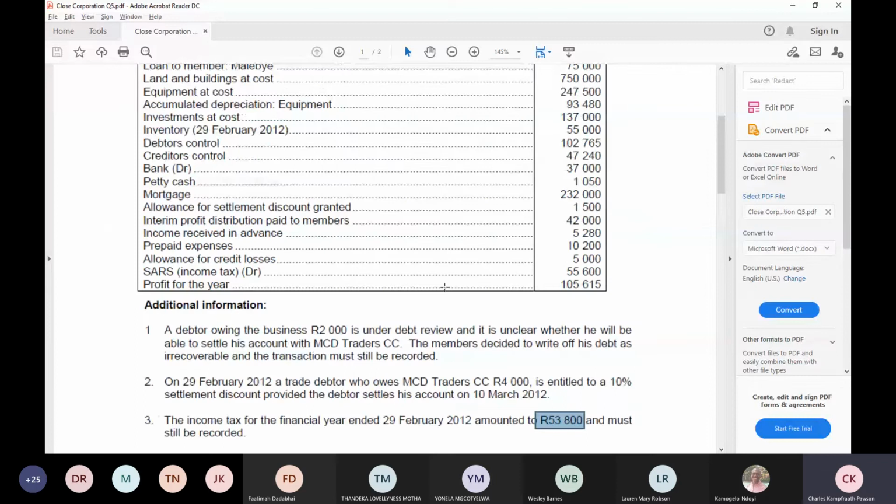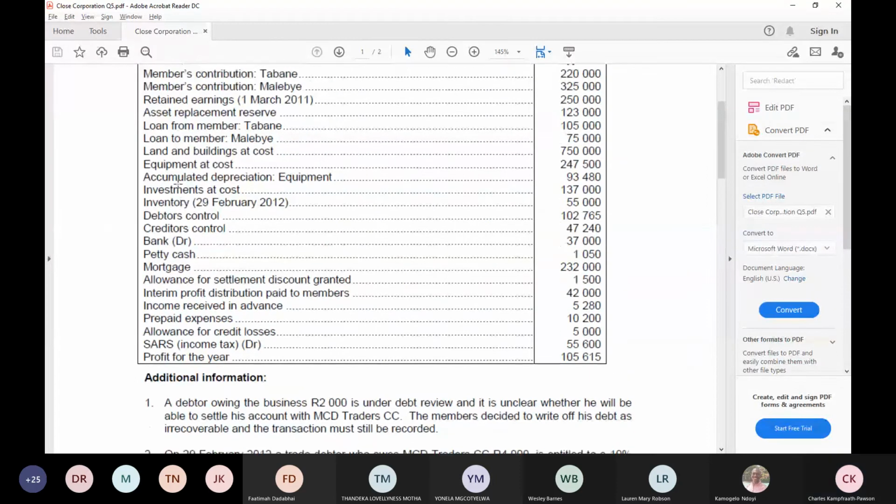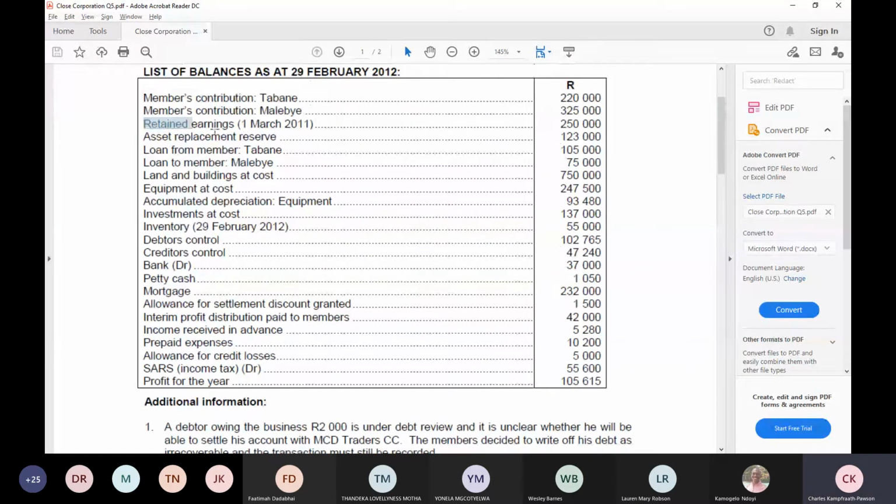Let's see what value they give us here for retained earnings. Retained earnings, opening balance.